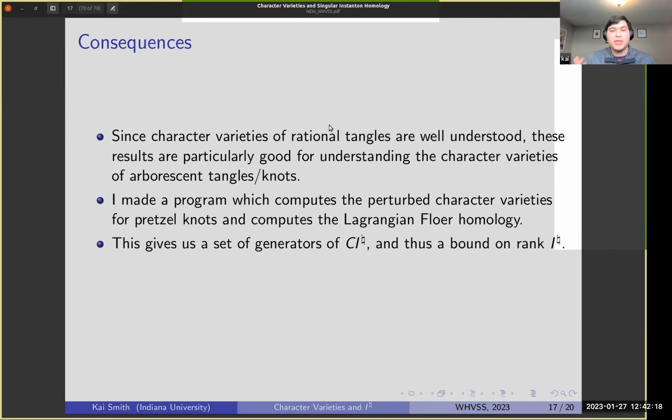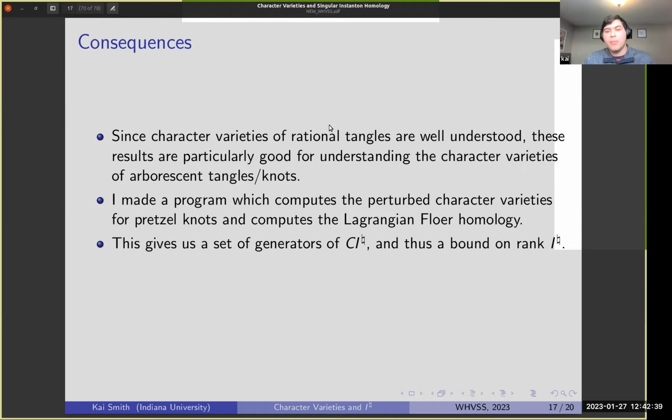With the picture in the pillowcase, there's a couple nice things that this can give us. First of all, just looking at the intersections, this gives us a set of generators for the instanton chain complex. Using that, you can get a bound on the rank of instanton homology. So you get an upper bound.